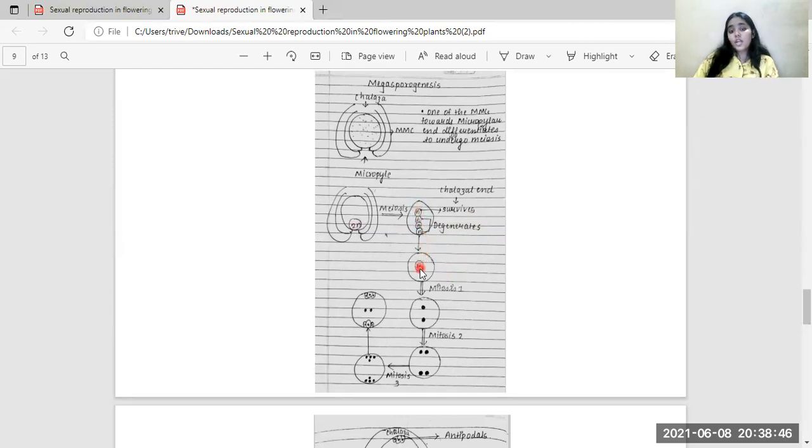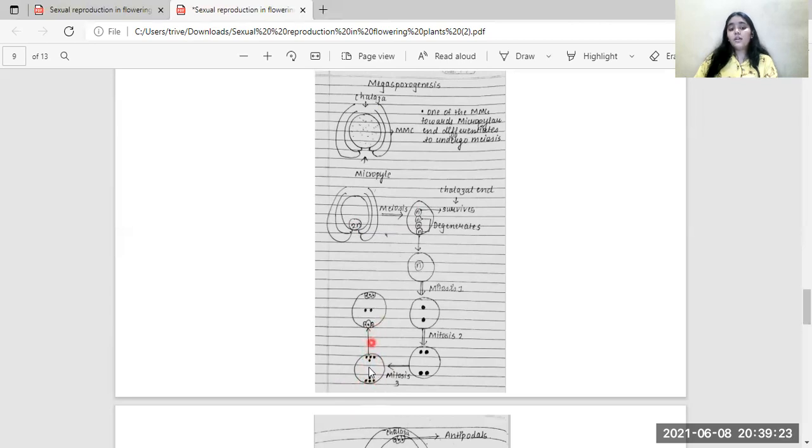Now we'll further move to the mitosis. The one cell that remains will further divide into 2. They will both go to opposite sides of the megasporangium by mitosis, and those 2 will divide into 4, as we can see here, and those 4 will divide into 8, 4 on the upper side and 4 on the lower side.